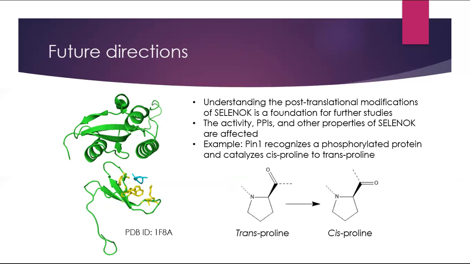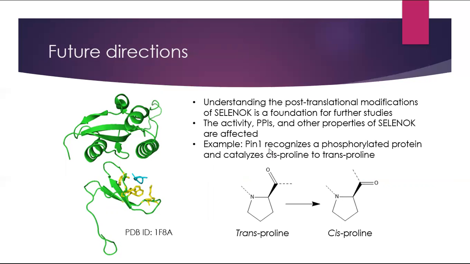One example is PIN1, which is an isomerase that catalyzes the transition of proline from trans into cis. Trans right here and cis right here. And this is just the PDB structure that I got of PIN1 for humans. It's thought that PIN1 could actually act on selenilyl K because selenilyl K has a serine-proline motif, which is what PIN1 recognizes.